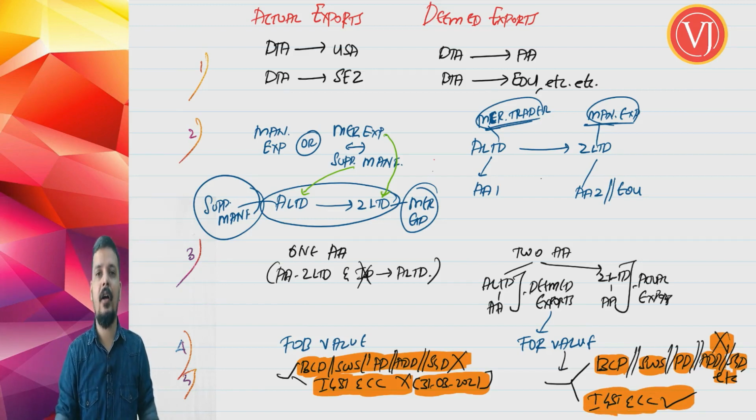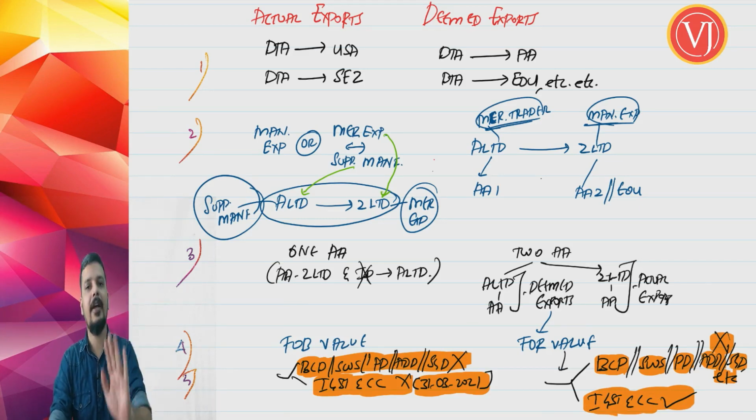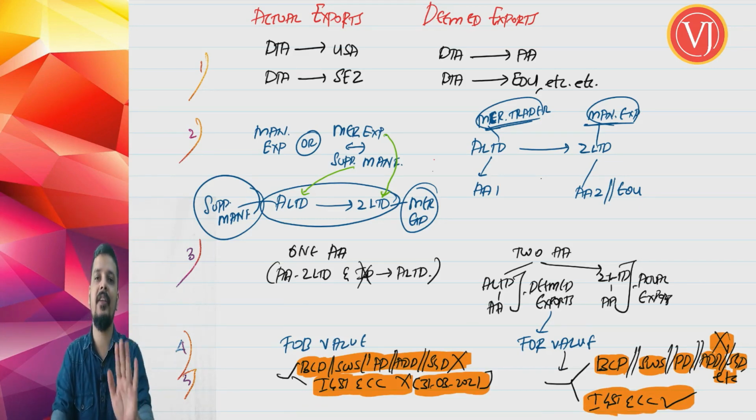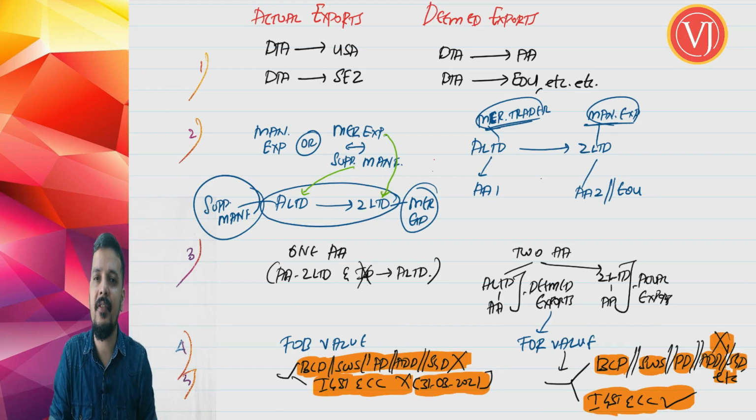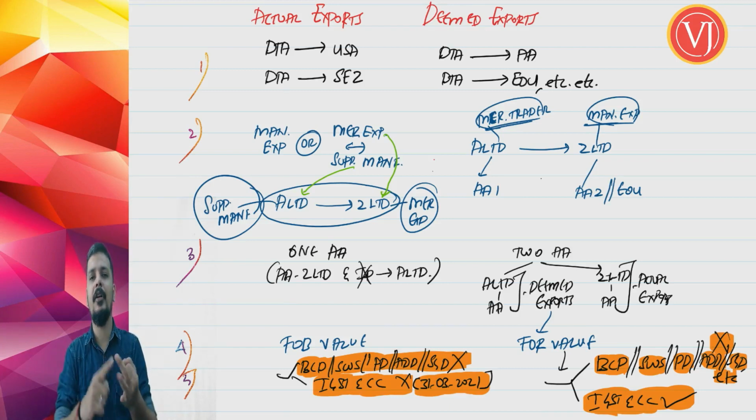So first, when you talk about actual export, you are not paying any import duty, including IGST and compensation cess. But for IGST and compensation cess, the exemption is only up to 31st of March 2021. For other customs duties, it is permanent. When you are talking about deemed exports and the deemed exporter importing the inputs, he is not required to pay the import duties, being BCD, social welfare surcharge, protective duty, anti-dumping duty, safeguard duty, anti-subsidizing duty.